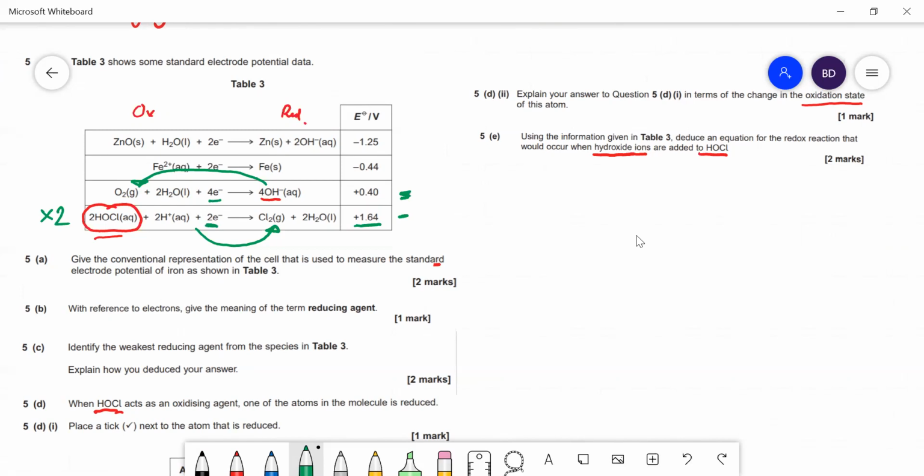So let's do that. So we're going to get 4 OH minus plus 2 HOCl, hypochlorous acid. Sorry, 4 HOCl because we've got to times it by 2.